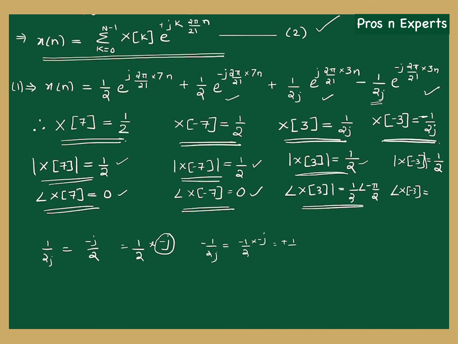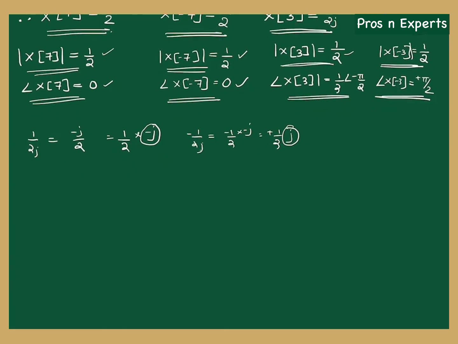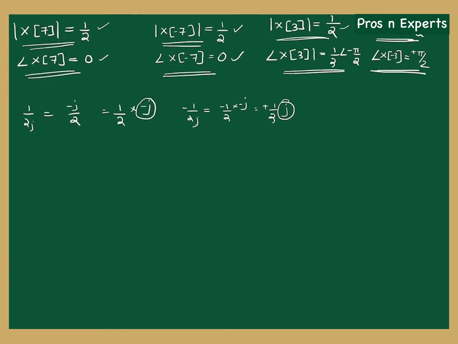So this is plus 1 by 2 into j. Plus 1 by 2 into j means we are multiplying by j. That means rotating by 90 degrees in the counterclockwise direction. That is taken as positive pi by 2. So the phase response at k equal to minus 3 is pi by 2, and the magnitude response is 1 by 2. So with the help of these values, we are going to plot the magnitude response and the phase response.